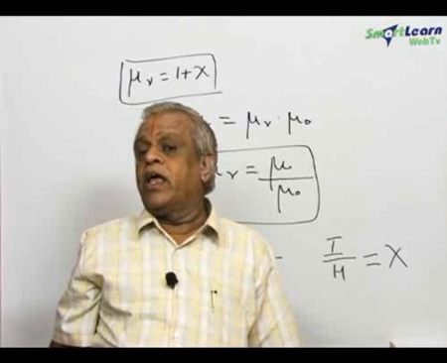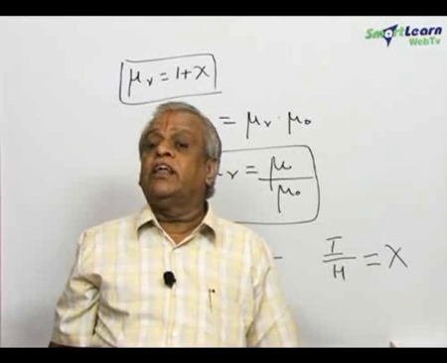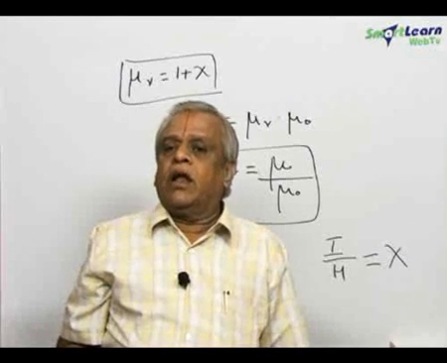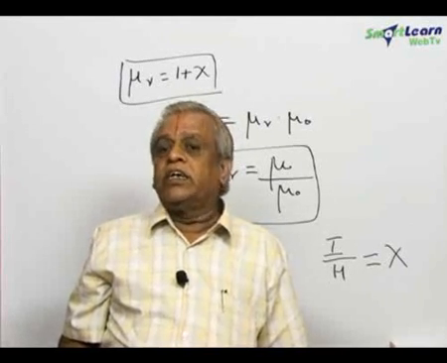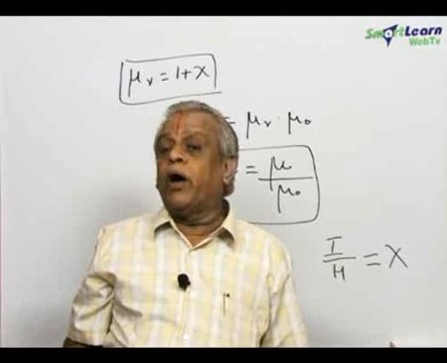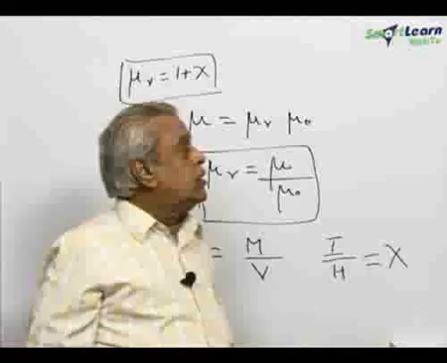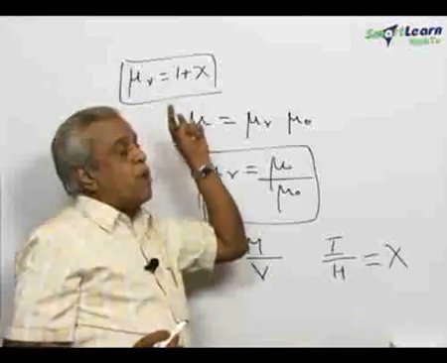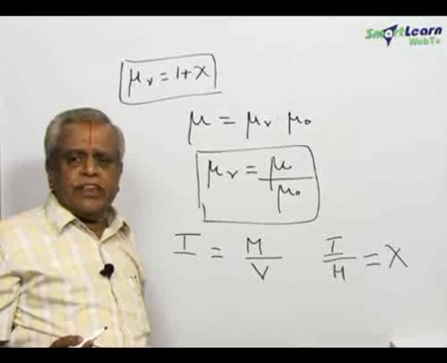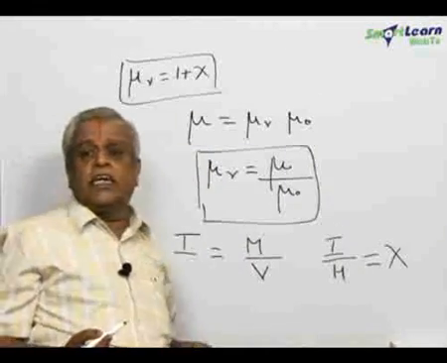The value of chi under no circumstances can have a magnitude less than minus 1. That is, it cannot have minus 1.1 or minus 1.2. So, the relative permeability is related to the susceptibility by this relation.